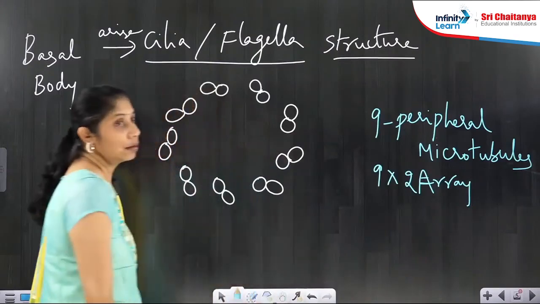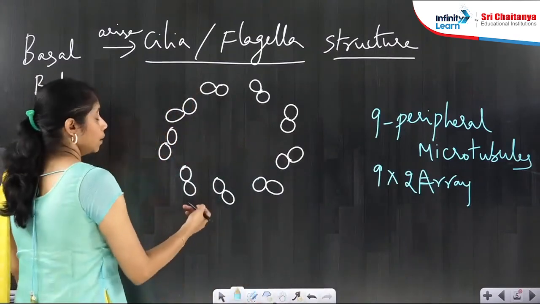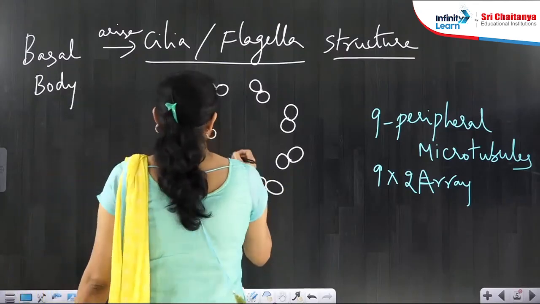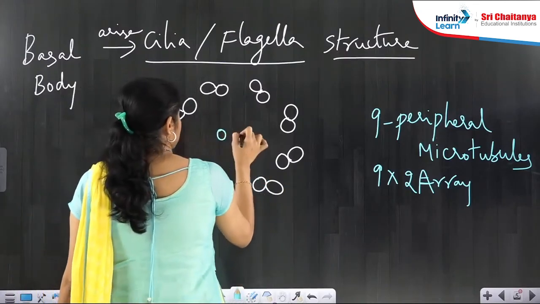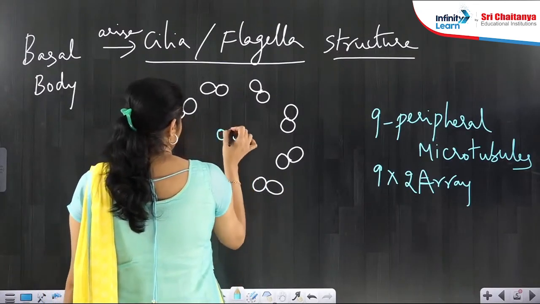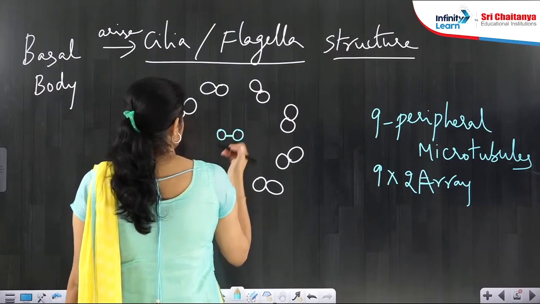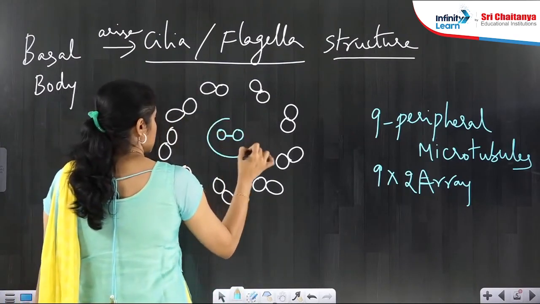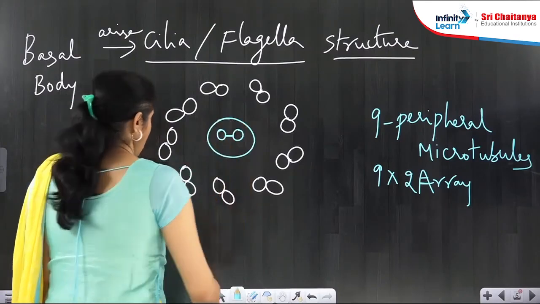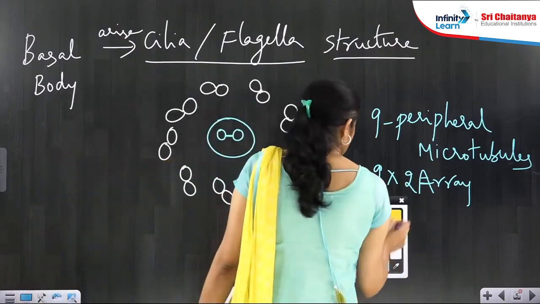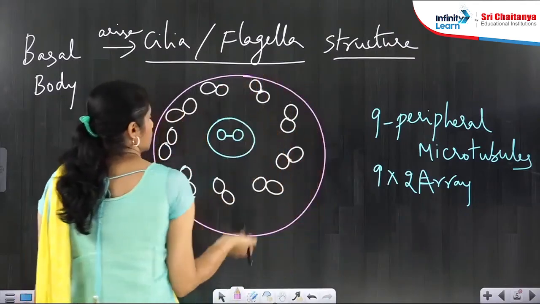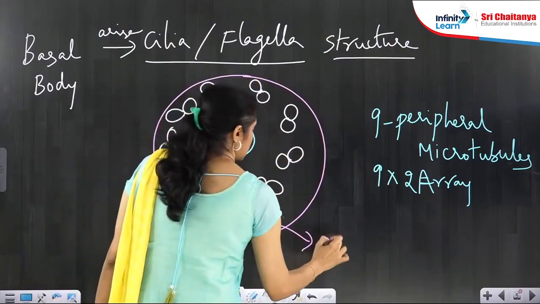And these are connected to the central one. In the center we have 2 microtubules, which are connected in this way. This is the central part, and all the cilia and flagella are covered by the plasma membrane. This is the plasma membrane.